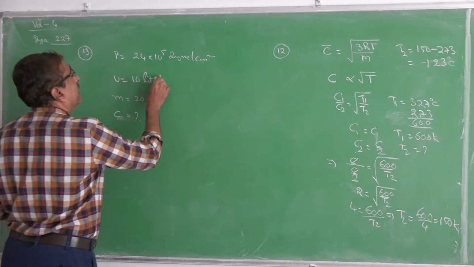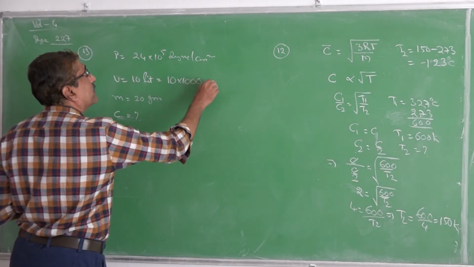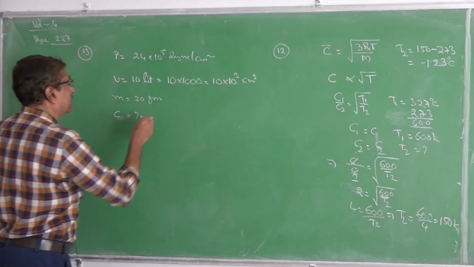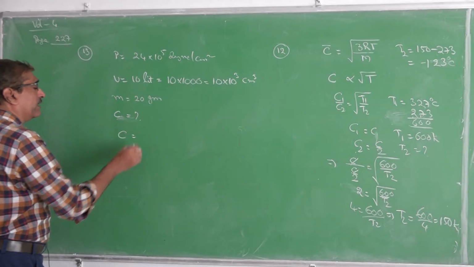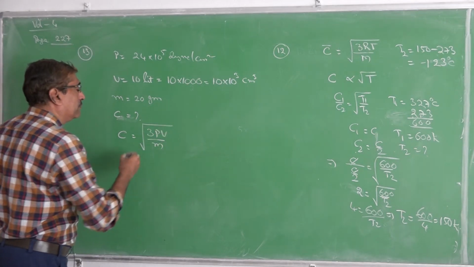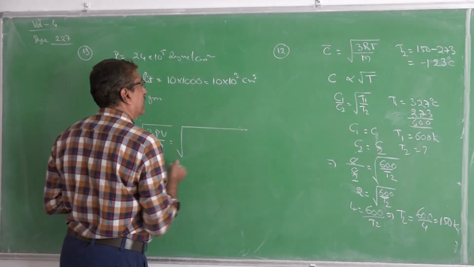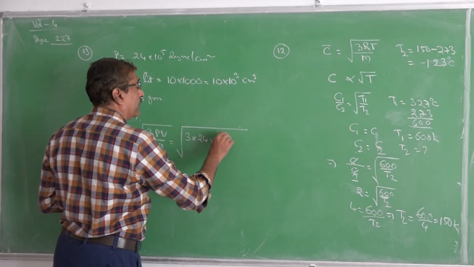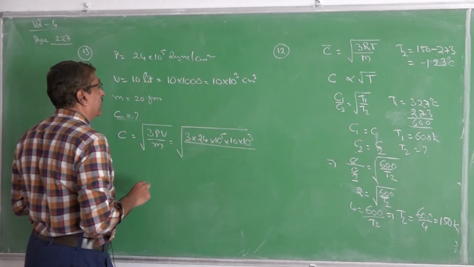Volume of 10 liter, converting into cc, we can write 10 into 1000 cc, that is 10 into 10 cube centimeter cube. Now substituting, we know this relation: C RMS equal to square root of 3PV by M. So, square root of 3 into 24 into 10 power 5 into 10 into 10 cube by mass 20 gram.